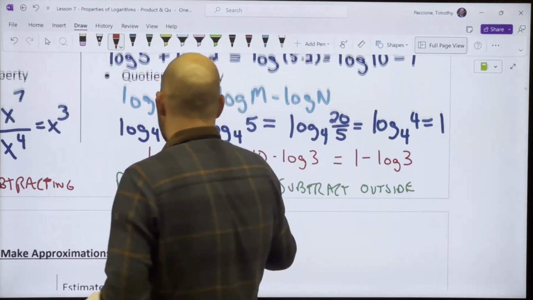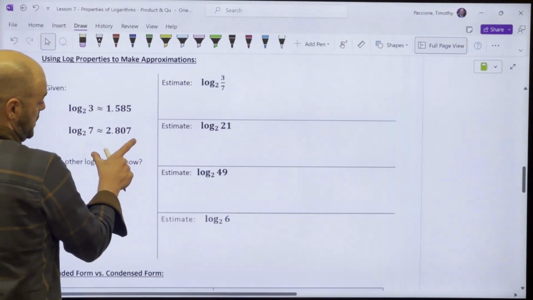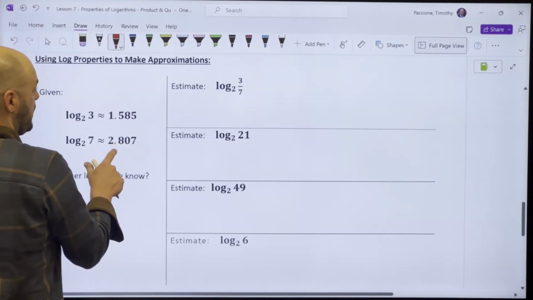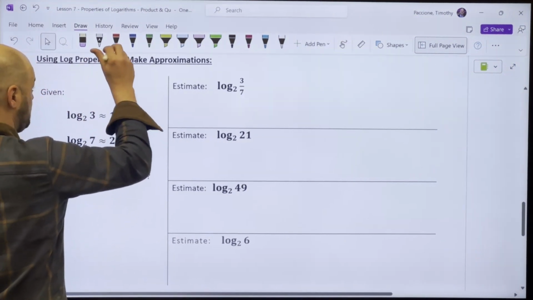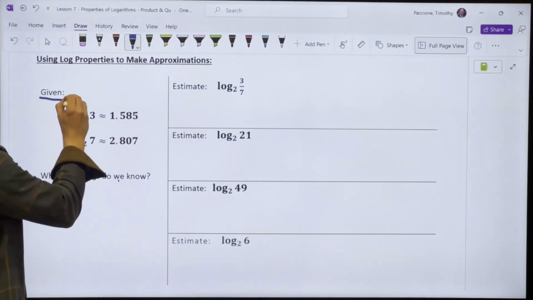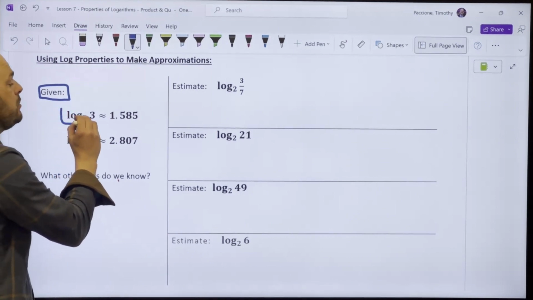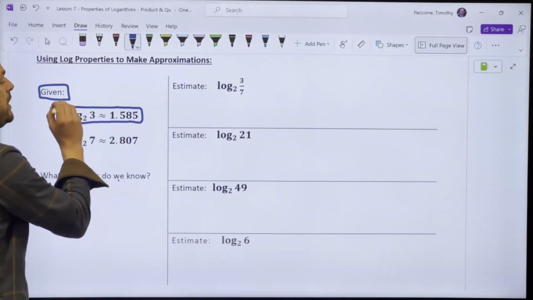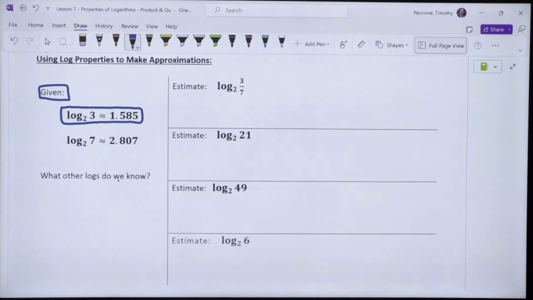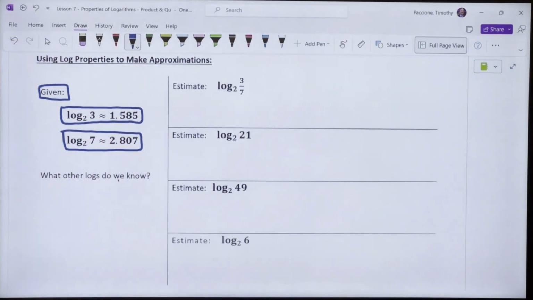Okay, we'll practice that today. Now, that's it. Those are the skills, okay? Now we're going to use them in a couple ways. Here's one situation you might have. I give you certain logs that you didn't know. Like I tell you, log base 2 of 3 is 1.585, and log base 2 of 7 is 2.807.